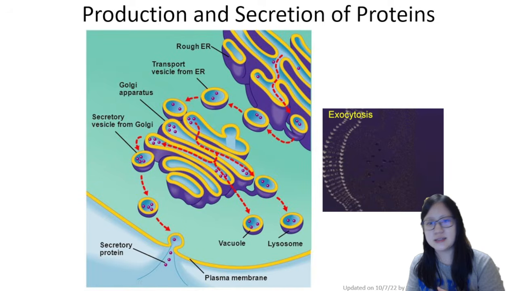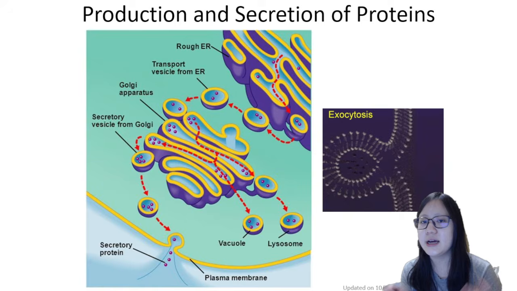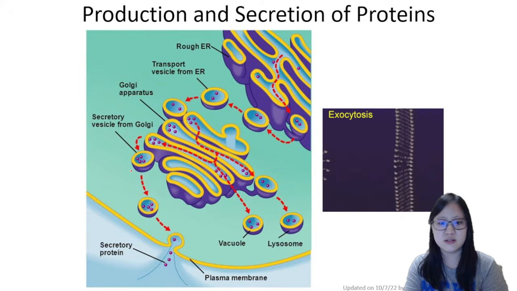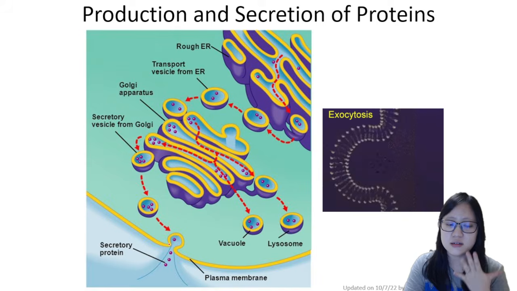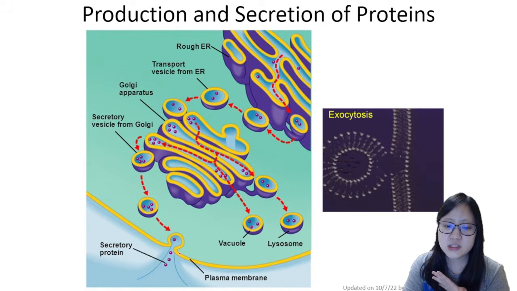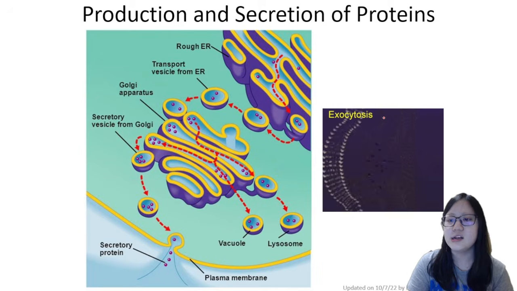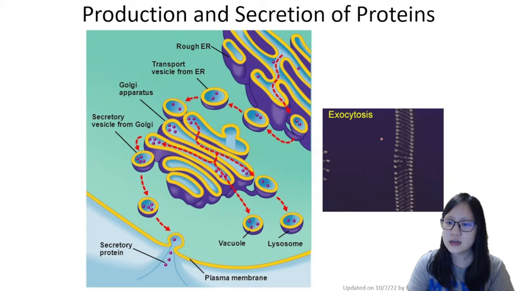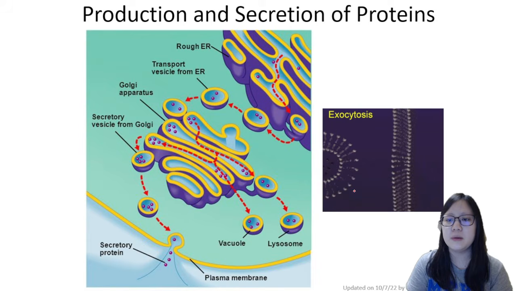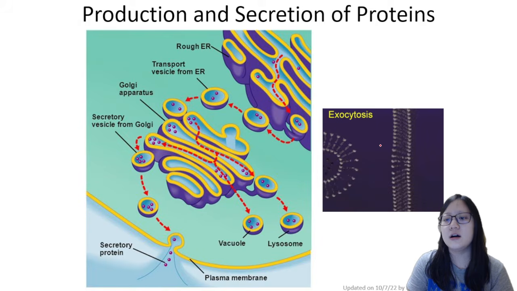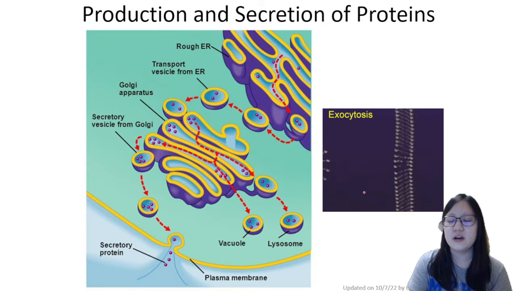Anyways, proteins are synthesized in the RER, transport vesicle from the ER goes to the Golgi apparatus, goes to secretory vesicles, and that secretory vesicle fuses with the plasma membrane in a process called exocytosis. You can see here, it fuses and the protein gets released out of the cell. This is such a cool animation because it really shows how the microbots, basically the phospholipid bilayer, are able to fuse, and this vesicle can become part of the cell surface membrane.